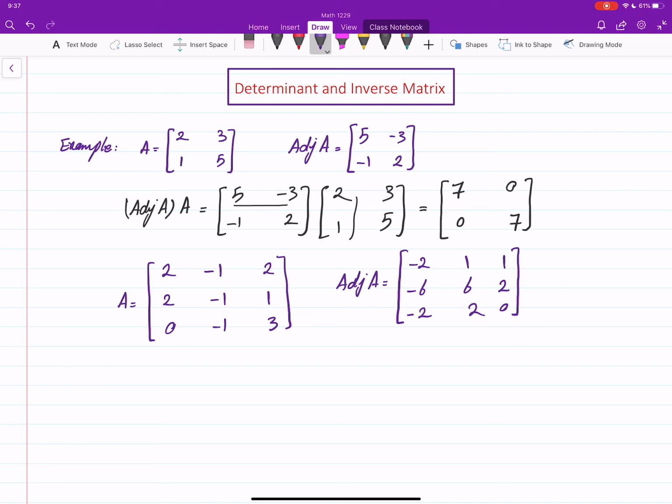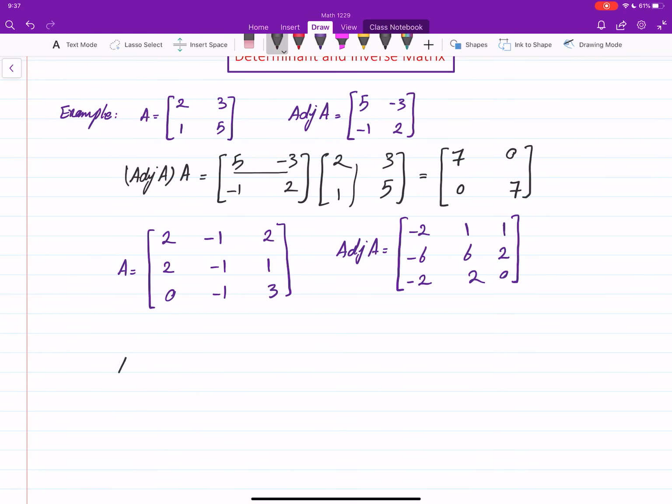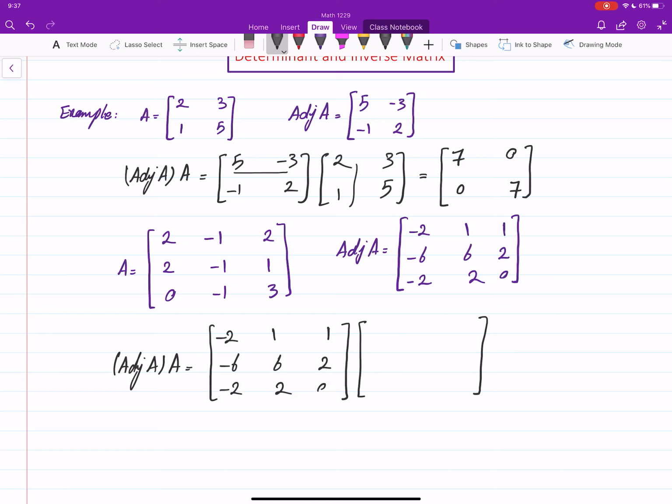And again, if we multiply the adjoint of A to matrix A itself, so negative 2, 1, 1, negative 6, 6, 2, negative 2, 2, 0, times 2, negative 1, 2, 2, negative 1, 1, 0, negative 1, 3. This is just matrix multiplication.